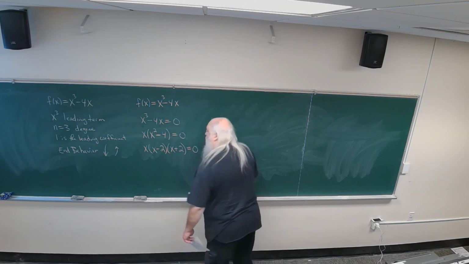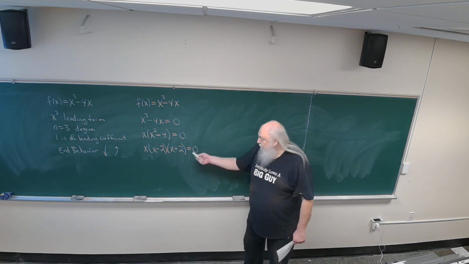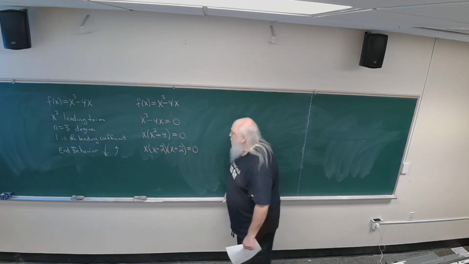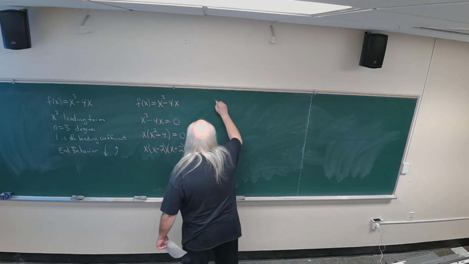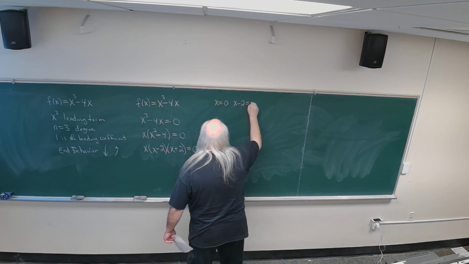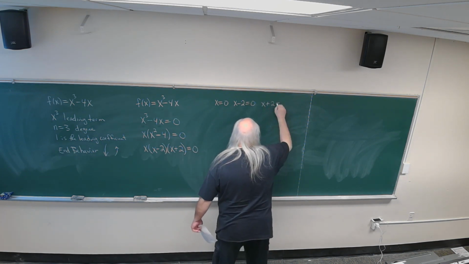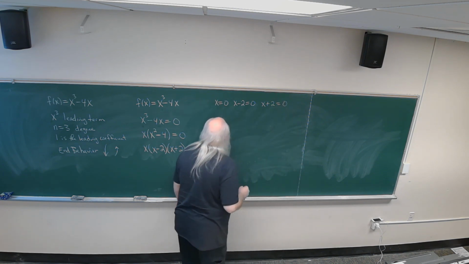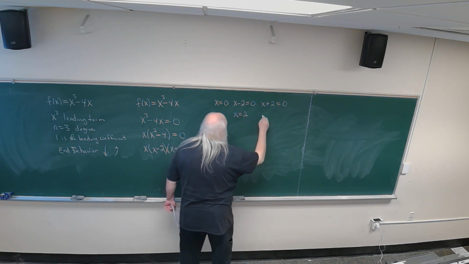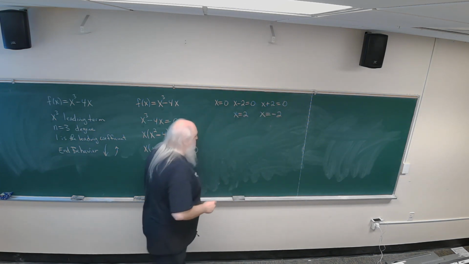And now we have a product of three factors that's equal to 0. So one of those factors has to equal 0 if the product equals 0. So either x is equal to 0, or x minus 2 is equal to 0, or x plus 2 is equal to 0. When you solve the middle equation, you get x equals 2. And when you solve the last equation, you get x equals minus 2.